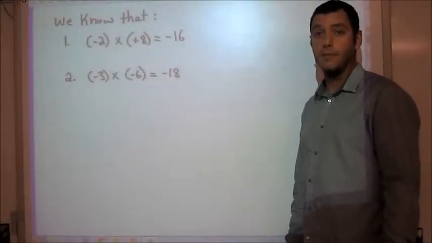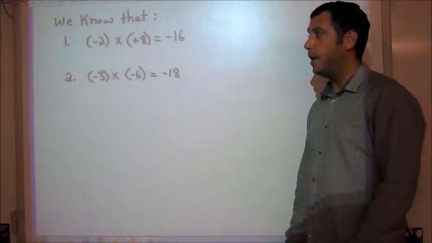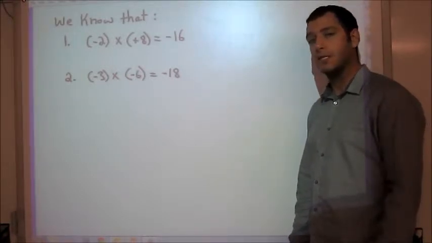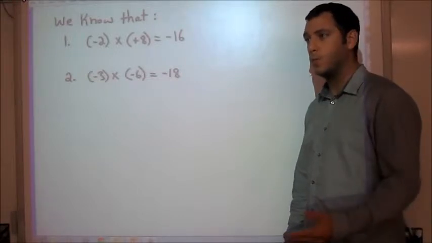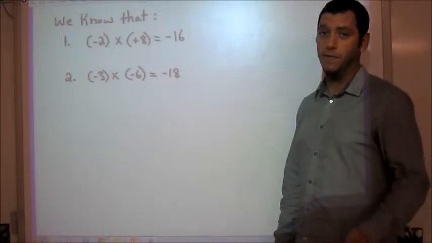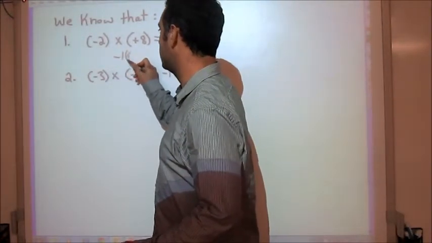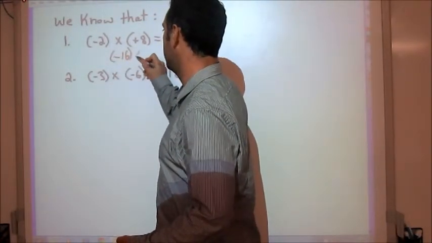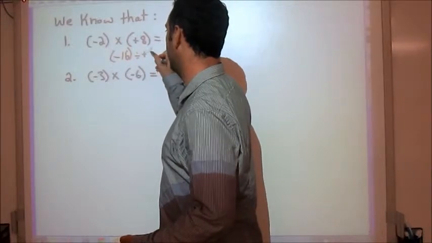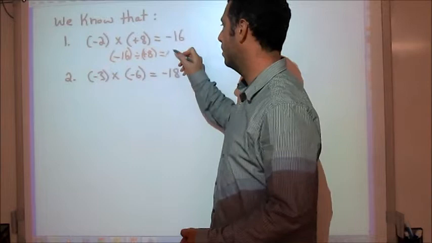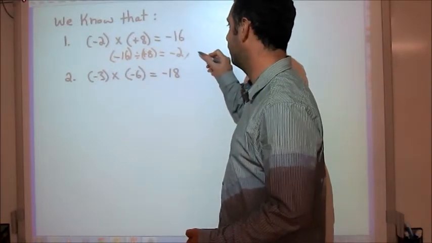Let's try a couple of examples. If we know that negative 2 times positive 8 is equal to negative 16, then we also know two division facts. So we should know that negative 16 divided by positive 8 is going to equal negative 2.